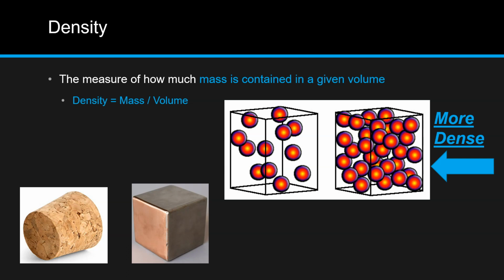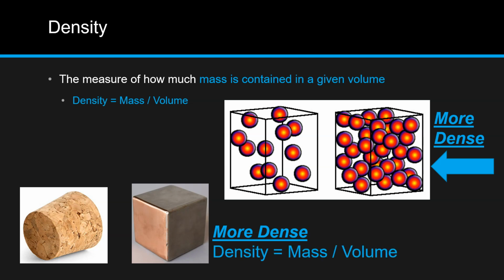Which substance do you think would be more dense, the cork or the metal? The metal would definitely be more dense. There are more particles packed together in that metal, and we know this because it feels so heavy. We could figure out exactly how dense it is by measuring the mass and then dividing it by the volume of the cube.